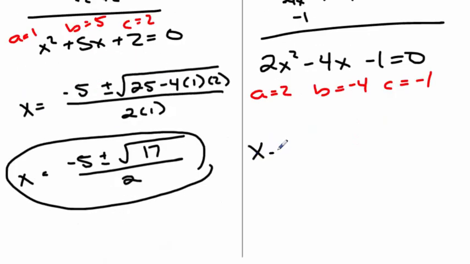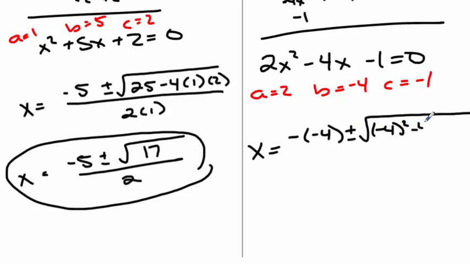The quadratic formula is negative b, so negative negative 4, plus or minus the square root of b squared, so negative 4 squared, minus 4 times a, which is 2, times c, which is negative 1, over 2a, which is 2.